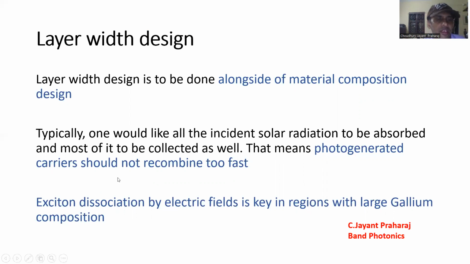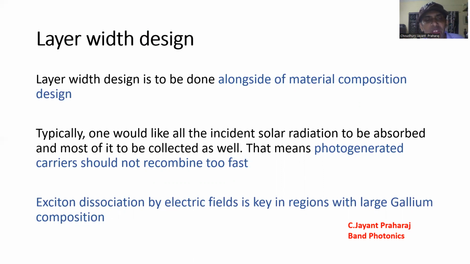And then there is exciton dissociation considerations. So the electrons and holes that are generated by these incident solar photons have a Coulombic attraction. So the conduction band electron and the valence band holes have Coulombic attraction, and due to that, they can form a bound state, which is called an exciton, and that has a certain dissociation energy or binding energy.